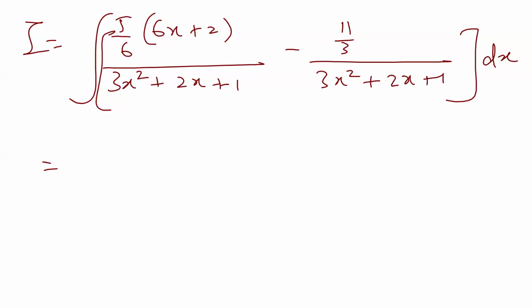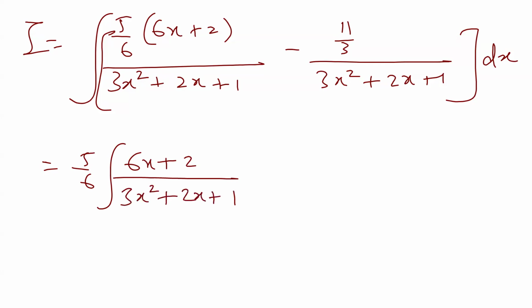Now individual integration: take 5 by 6 outside, integration of 6x plus 2 upon 3x square plus 2x plus 1 dx. So this is f dash x upon f of x, derivative of the function upon the function itself.